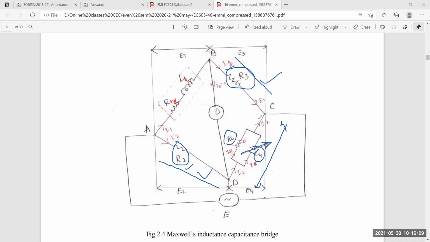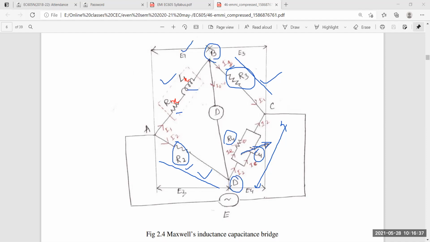So I have discussed BC, CD and AD. Now what is my remaining arm? The remaining arm is my AB. AB consists of the unknown inductance Lx and the effective resistance Rx. You can see a source of current flowing across AC, and a null detector connected across B and D. Here E is the supply.